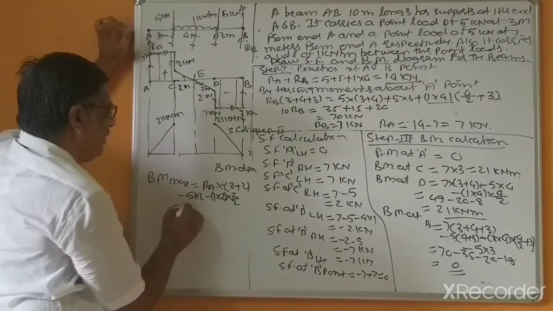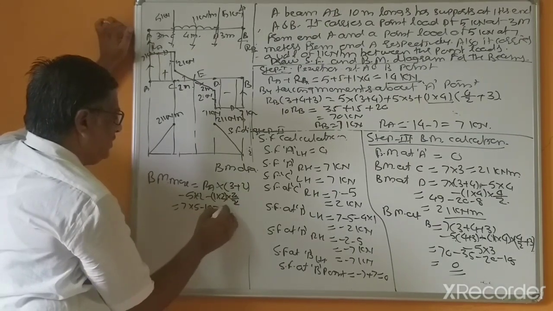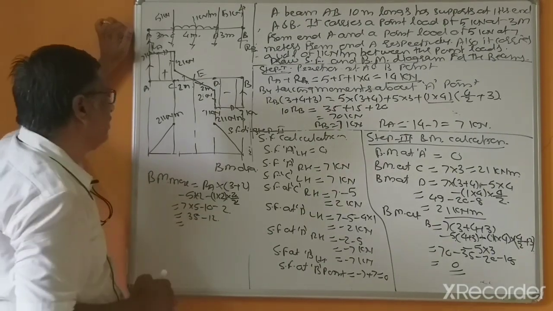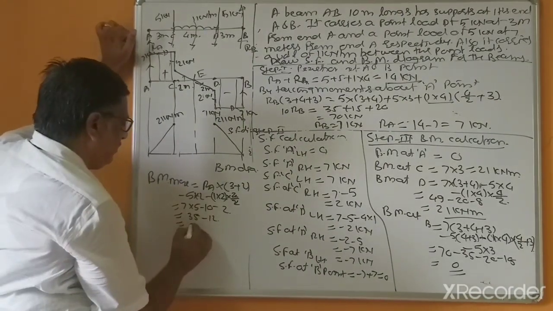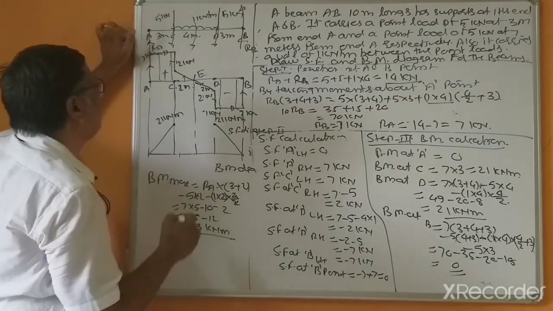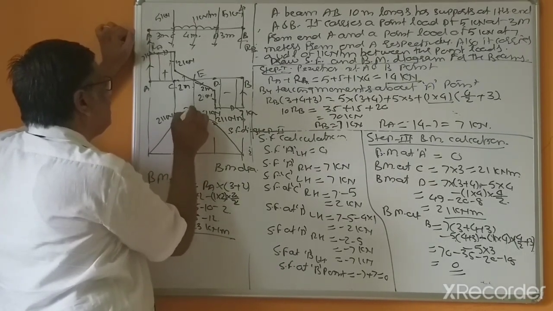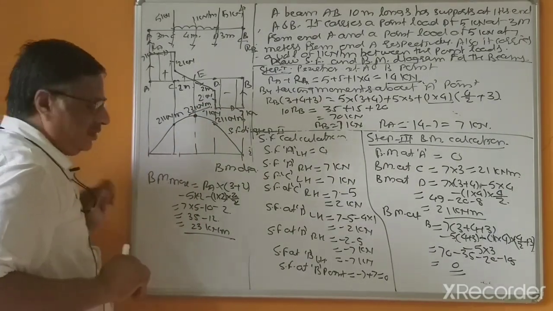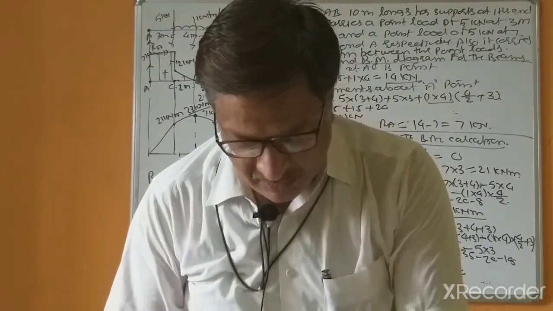So RA is 7 multiplied by 5, minus 10, minus 2, that is 35 minus 12. So you will get 23 kilonewton meter. This is the maximum bending moment, 23 kilonewton meter. Where the shear force changes its sign, there you will get the maximum bending moment.